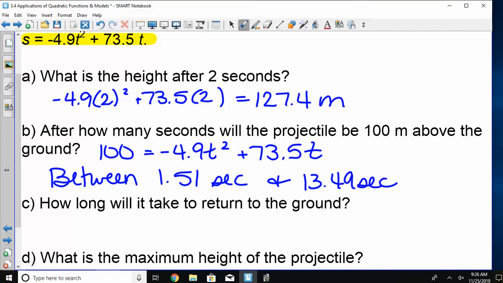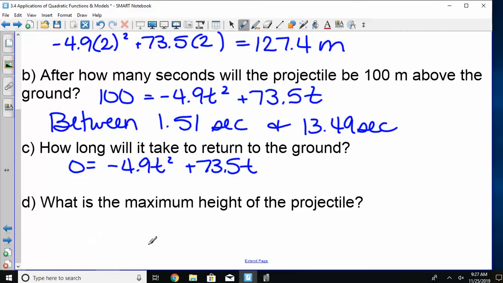Part C. How long does it take to return to the ground? If it returns to the ground, what's your height? 0. So we could do this on the calculator. Do we have to? No. This is a pretty easy one to solve by hand. What would I pull out of here? T. Set each one to 0.